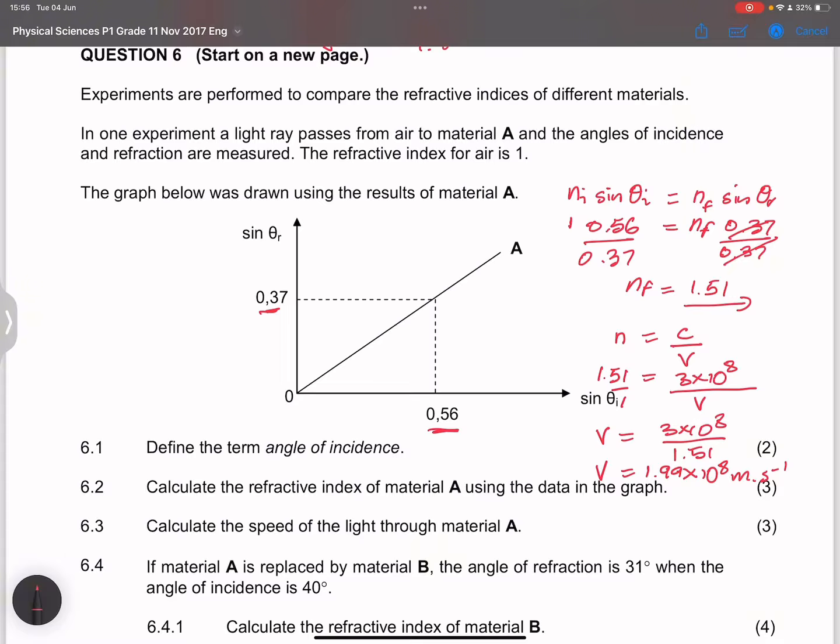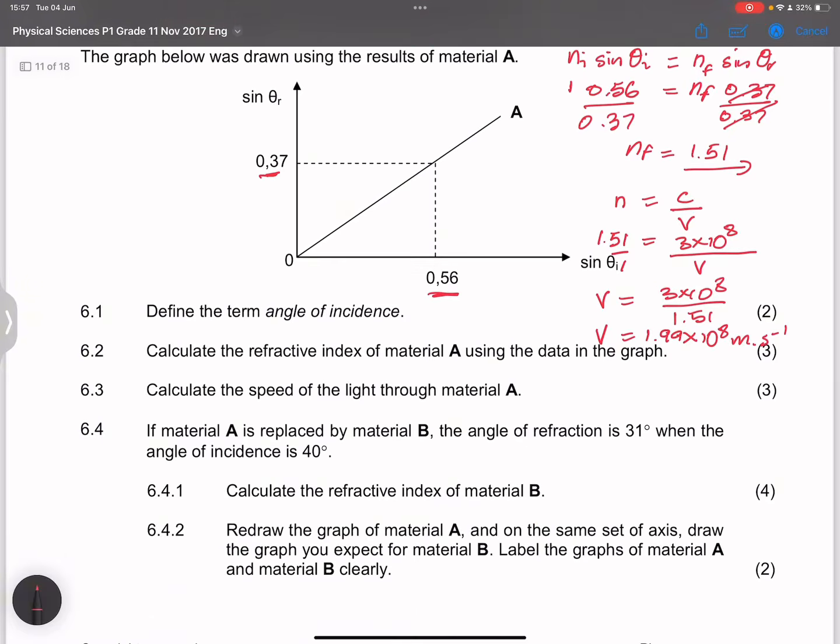Right, so the next question, they say, if material A is replaced by material B, the angle of refraction is 31 when the angle of incidence is 40. They say calculate the refractive index of material B. So once again, we are going to do exactly the same thing. So we said this is ni sine of theta i is equal to nf sine of theta r.